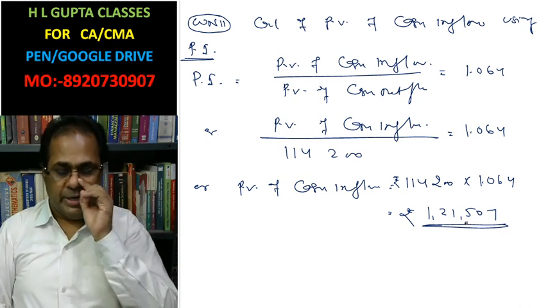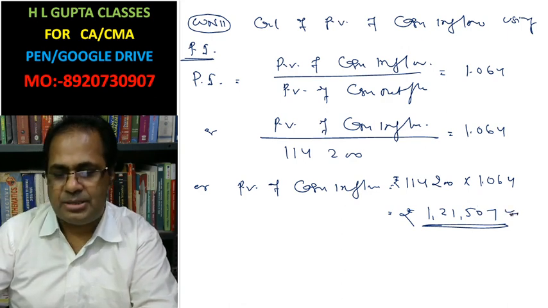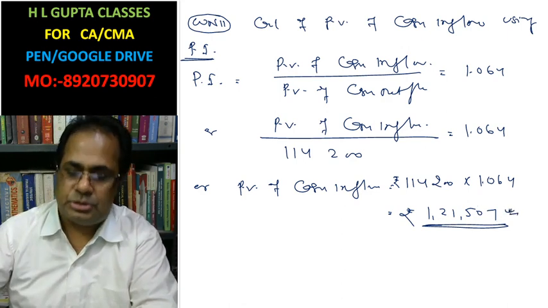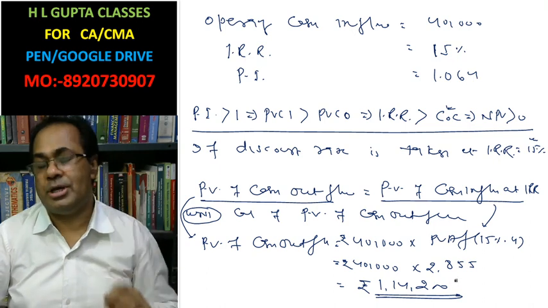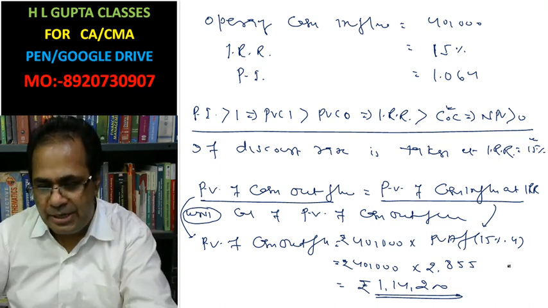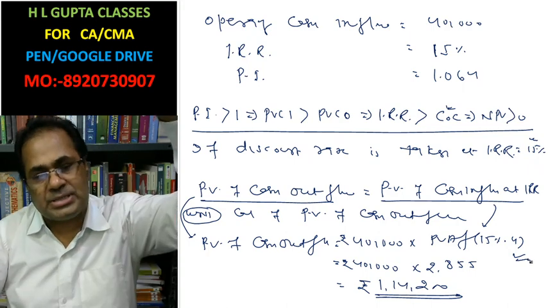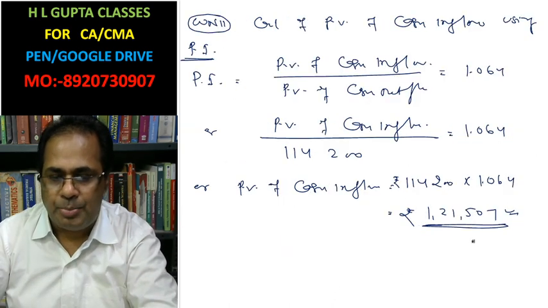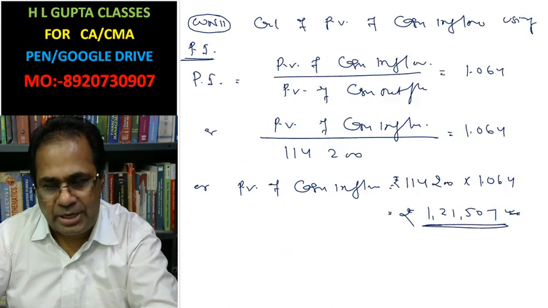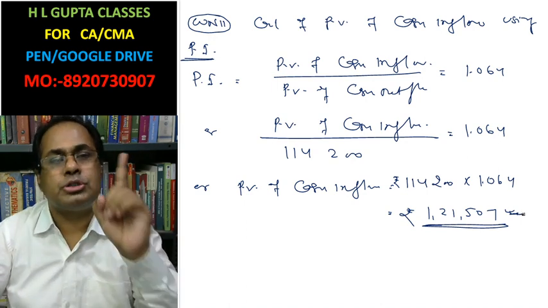Now the question is, this is the present value of cash inflow 1,21,507, and in this case present value of cash inflow is 1,14,200. Why both are different? Because here the discount rate we have used is IRR 15%, that is the maximum discount rate. To calculate PI, the discount rate used is the cost of capital.